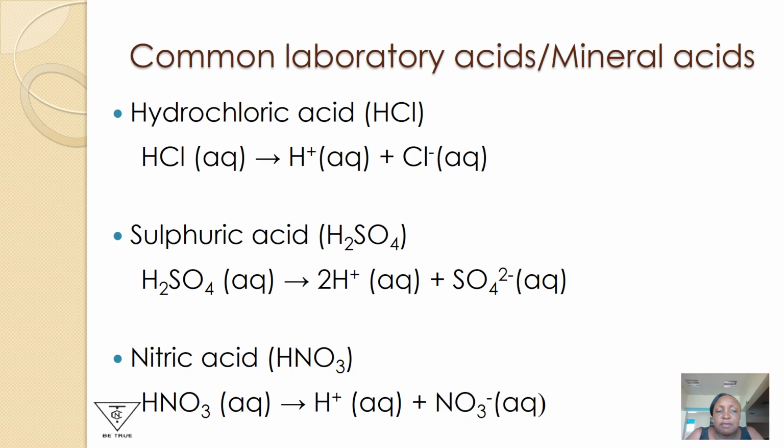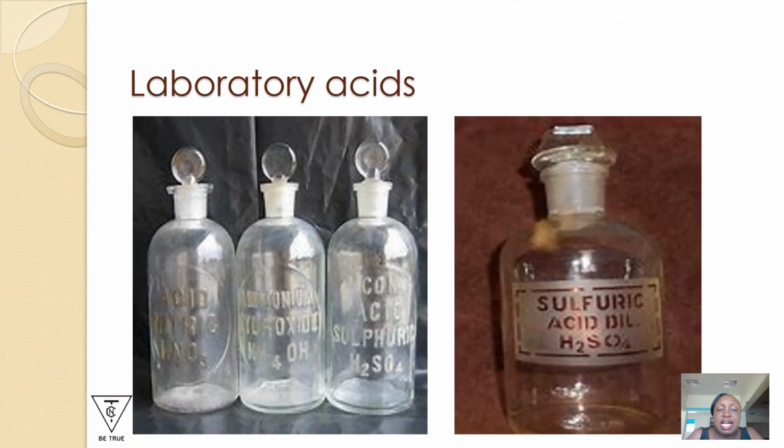Sulfuric acid ionizes to give us hydrogen ions and sulfate ions. Then we have nitric acid, which ionizes to give us hydrogen ions and nitrate ions.